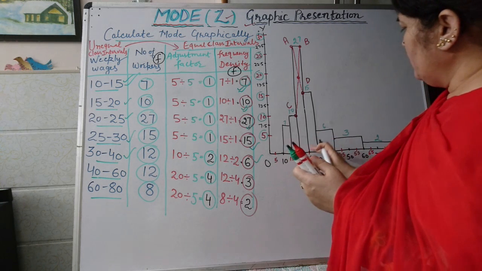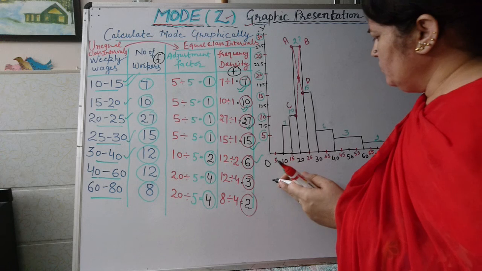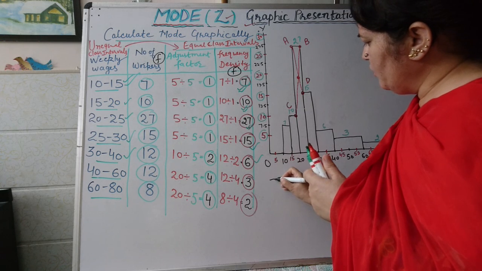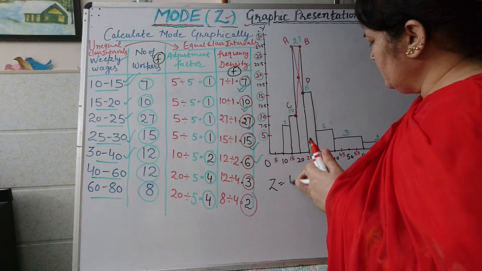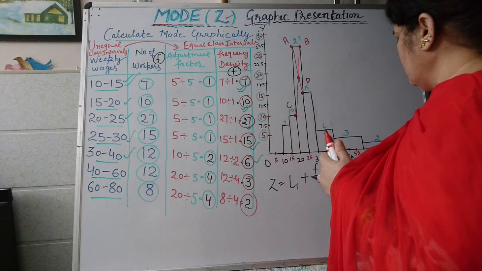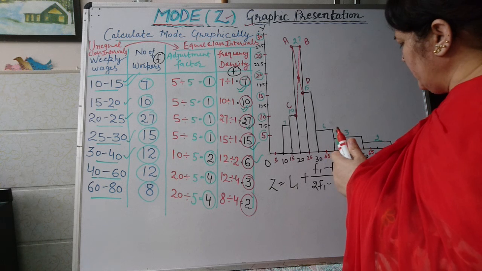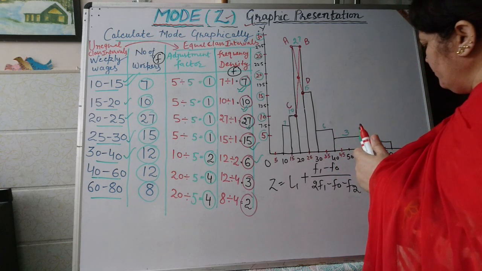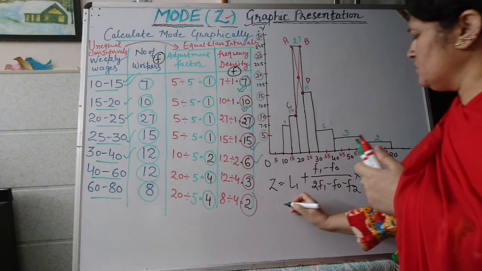Now for the calculation of the exact value, let us put the values in the formula. Z is equal to L1 plus (F1 minus F0) divided by (2 F1 minus F0 minus F2) multiplied by the equal class interval.